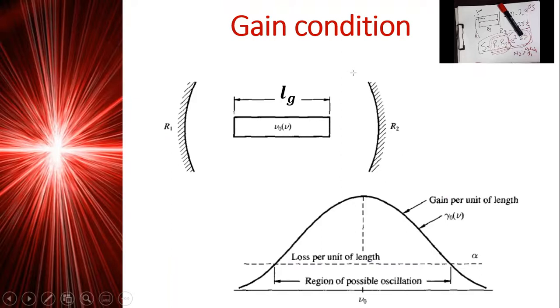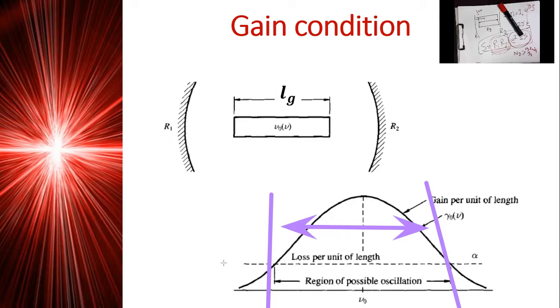Let me make it in another way. Yes, perfect. This frequency range only will have a gain in the system, because this frequency range is the range at which the condition gamma greater than A or gamma greater than alpha is presented.